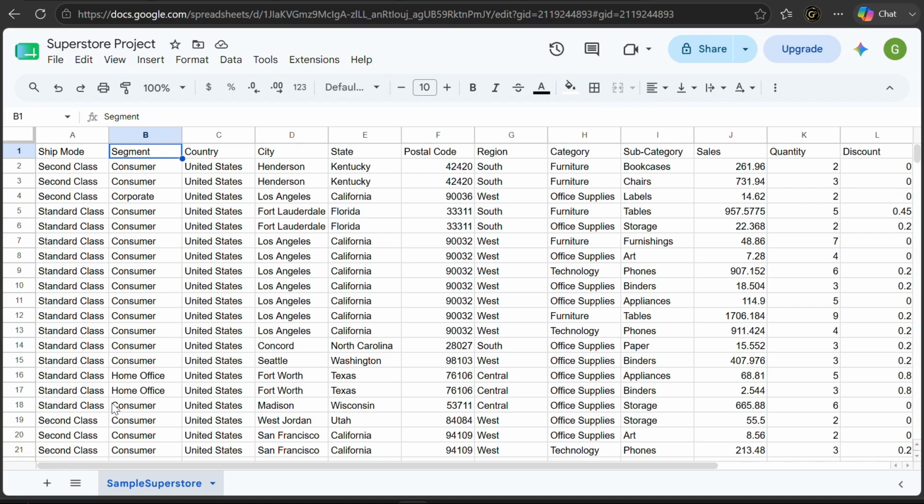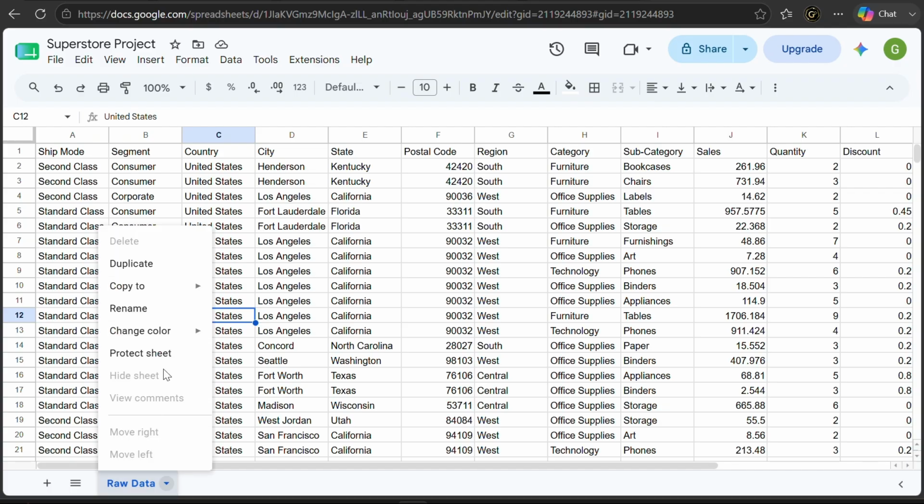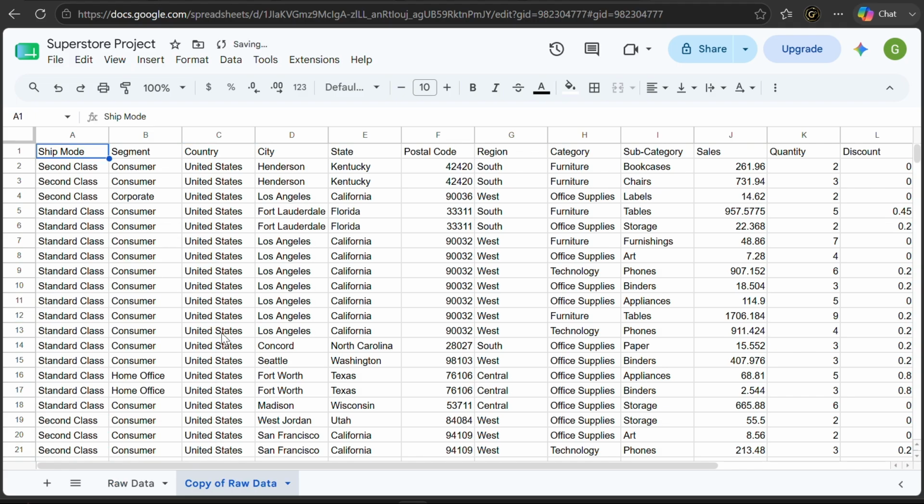I'm going to rename this as raw data, then right click and say duplicate. So I have the copy of the raw data now. I'm going to rename this to working data, and we can proceed with our work now.